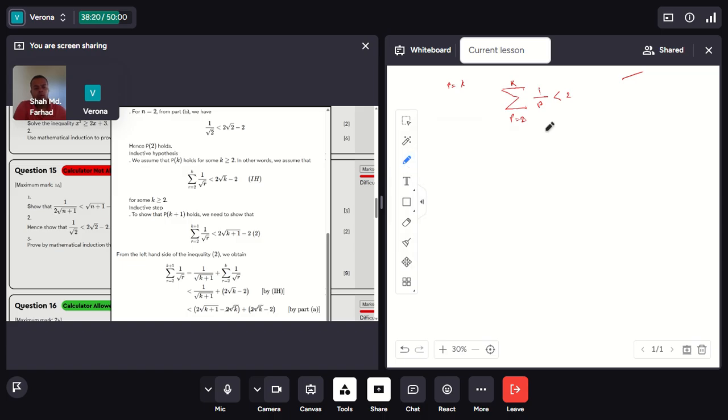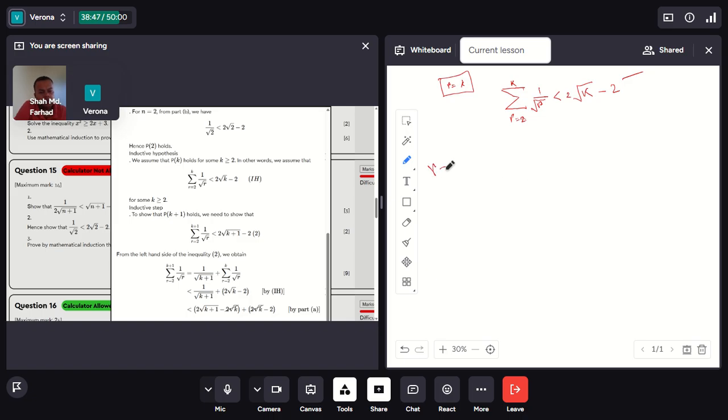Okay. Now, for r equals to k, we are getting r equals to 2, that is starting from 2 and it will be up to k, and here 1 over root r, that is less than 2 root k minus 2. Okay, for r equals to k, right?